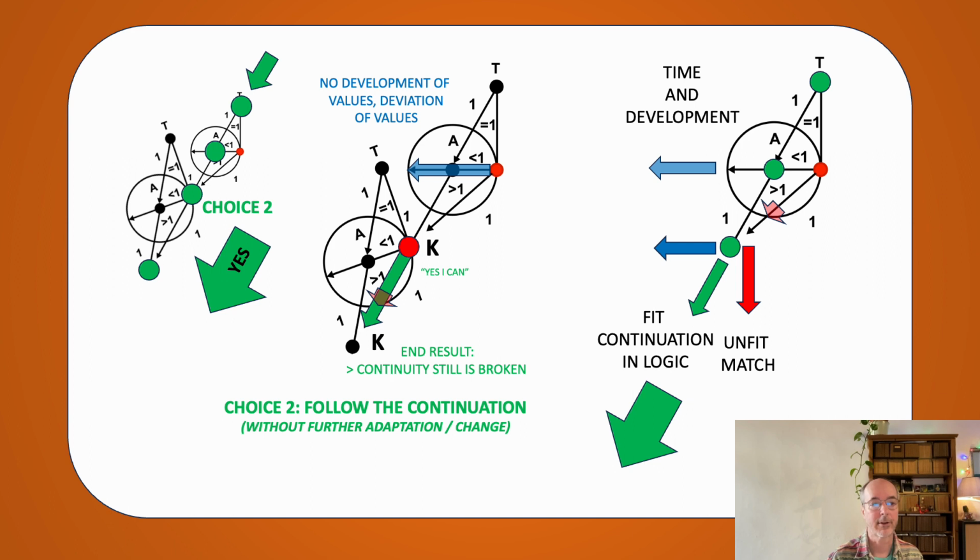Then another option is, oh no, let's follow the logic of the following order, T, E, K, the logic of the order of letters, which I had in the one-dimensional reference points.